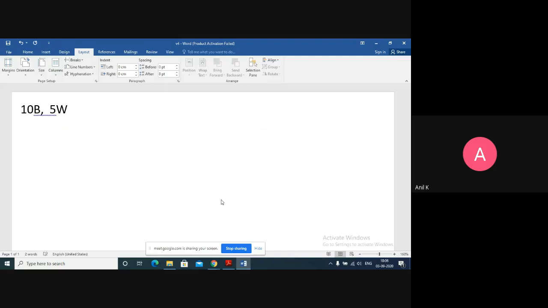So first thing, in total I have 15 balls, including white and black. So I'll take event E as getting a black ball in the first attempt.